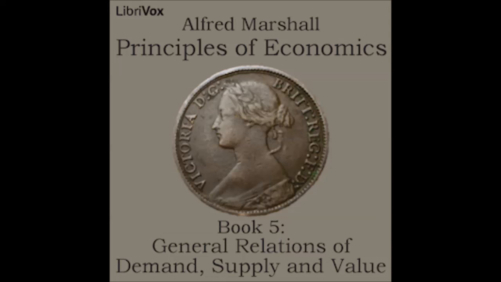The notion of the marginal employment of any agent of production implies a possible tendency to diminishing return from its increased employment. Excessive applications of any means to the attainment of any end are indeed sure to yield diminishing returns in every branch of business, and, one may say, in all the affairs of life.